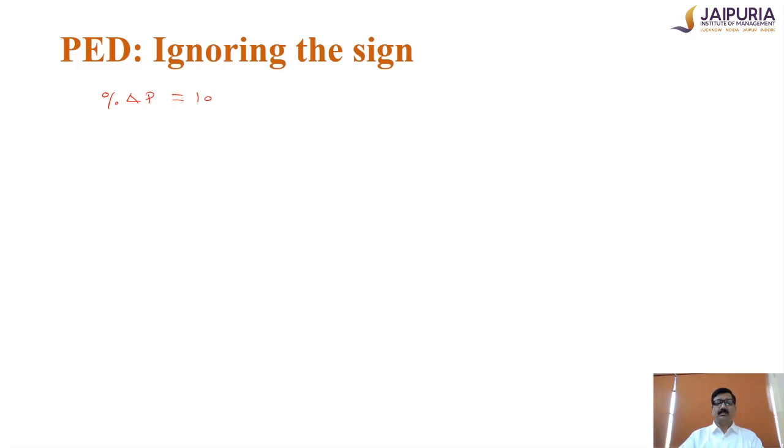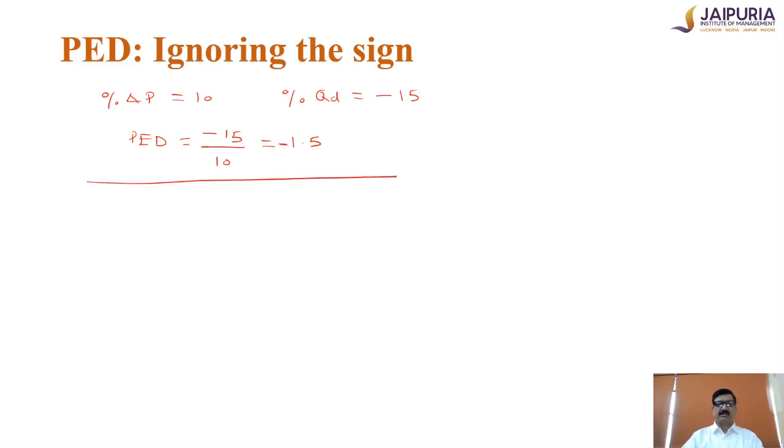And now suppose percentage change in quantity demanded is equal to minus 15, which means price of the product has increased by 10% and quantity demanded of the product has decreased by 15%. So in this case, PED will be equal to minus 15 upon 10, that is equal to minus 1.5.